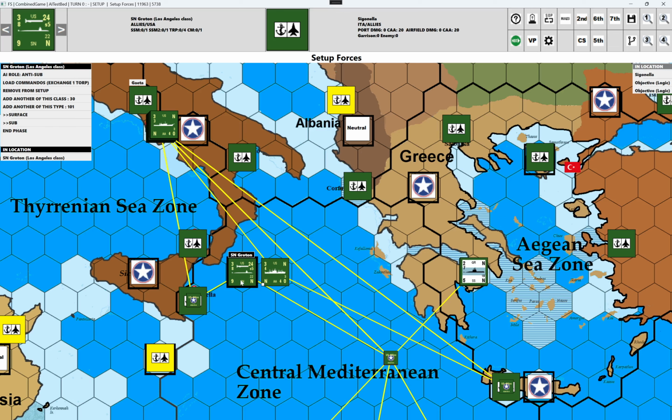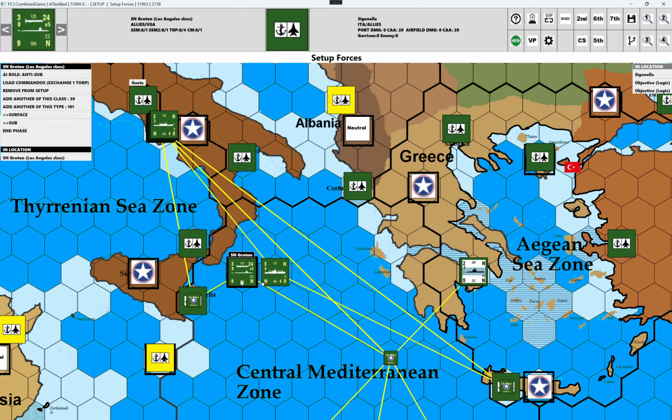If it's set for anti-sub and it runs out of SSMs, it may not think it needs to go back to the base. It also does this at the task force level, right? At the task force level, when you do replenishment, it will still fill up the torps even if it doesn't need them. Meaning, if for instance it's an anti-submarine one, it will still fill up SSMs when it replenishes. So that doesn't affect that.